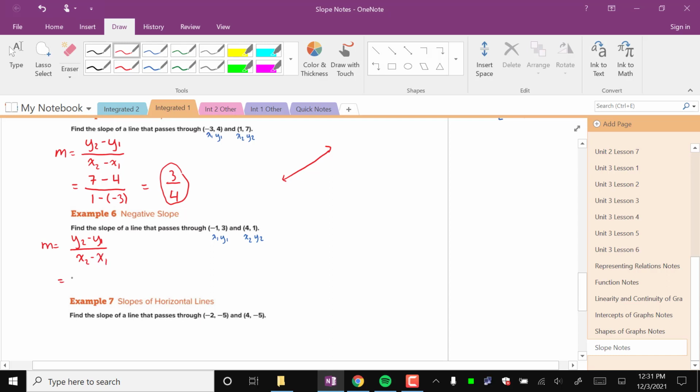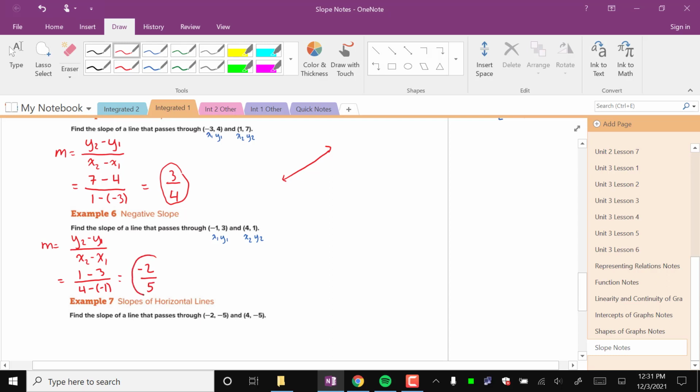My y2 is 1, my y1 is 3, so that's going to be 1 minus 3. My x2 is 4, my x1 is -1, so 4 minus -1. 1 minus 3 is -2. 4 minus -1 becomes 4 plus 1, which is 5.